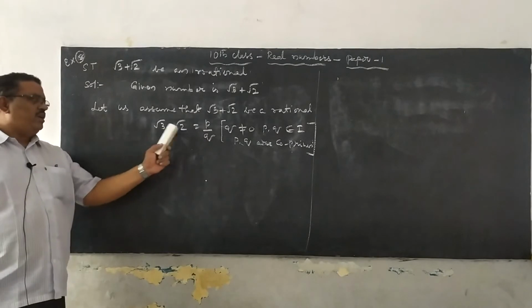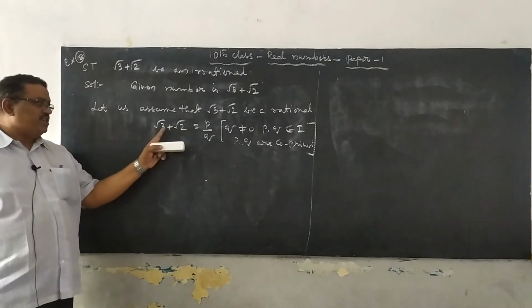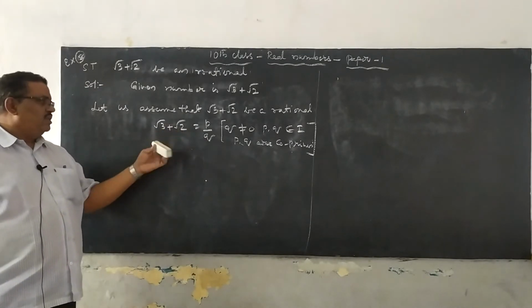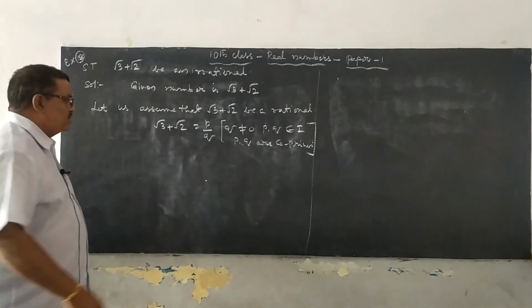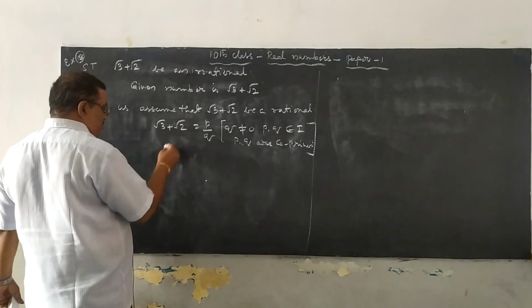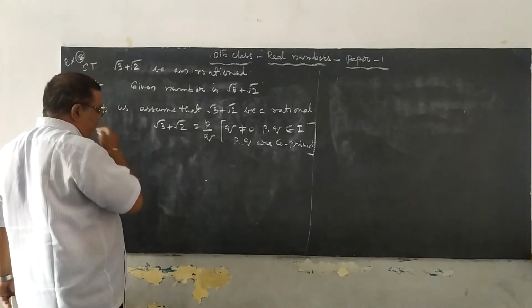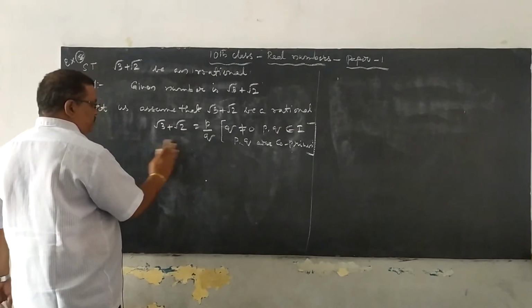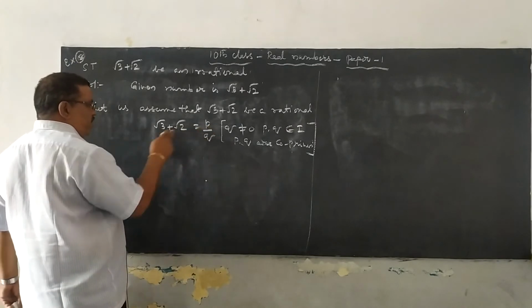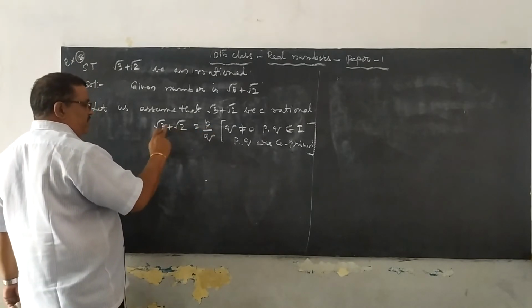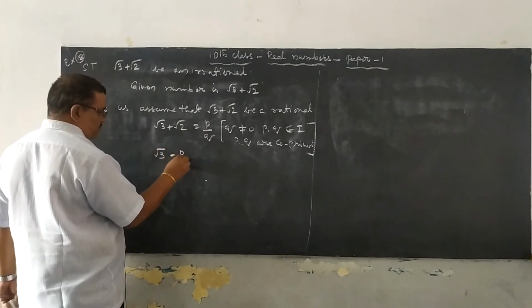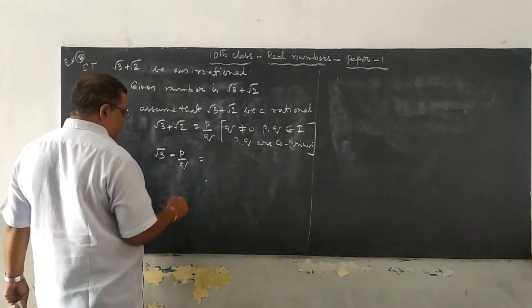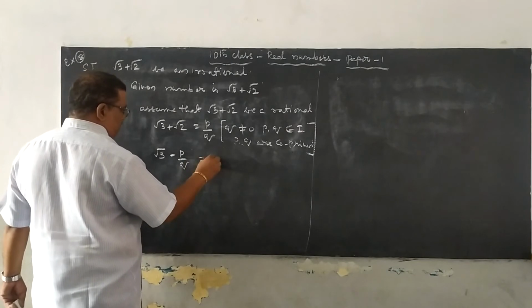So here two irrationals are there. Root 3 is one irrational, root 2 is also an irrational. We need to find the sum of them, so that is why we have to do squaring on both sides. Transpose p by q to the LHS and root 2 to the RHS: root 3 minus p by q equals minus root 2.